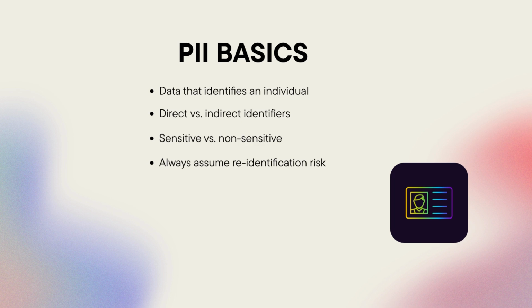Some PII is especially sensitive, such as medical conditions or financial details, while other data may appear harmless at first glance. However, AI systems can combine datasets in ways that reveal identity unexpectedly. The safe approach is to assume that any piece of personal data carries re-identification risk. If it touches a human, it deserves careful handling.